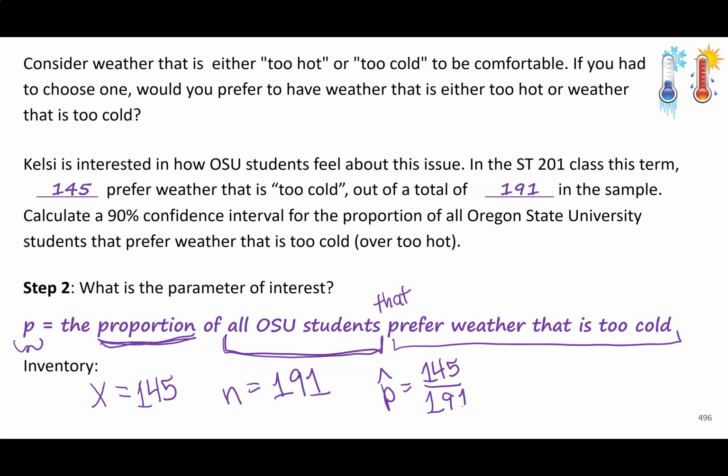I rounded this here, although when I made the calculations, I left it as 145 over 191. It's about 0.759. So that will be my inventory for now. And I will be able to write out a z star, although I have that in another step.